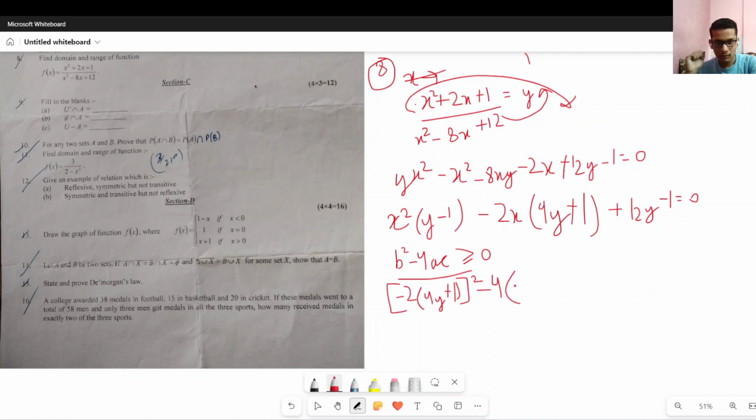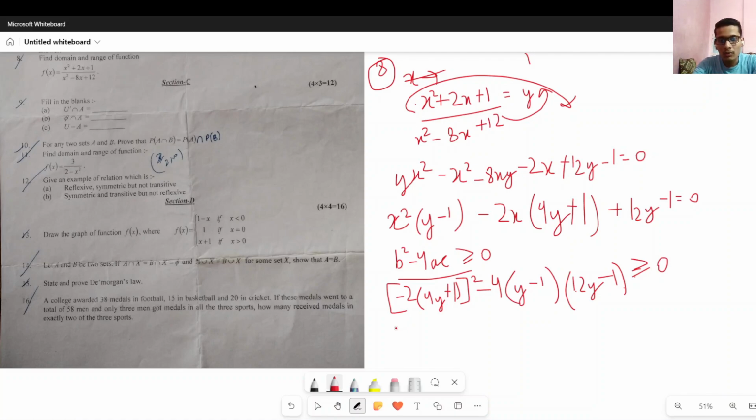What is a here? a is here y minus 1, and c here is 12y minus 1. We are finding the range here. Okay, this whole expression must be greater than or equal to 0.